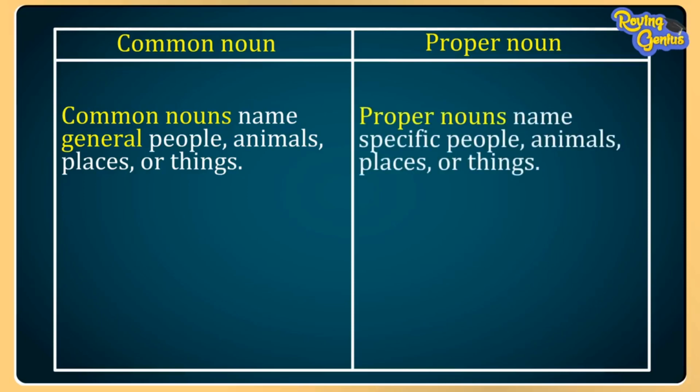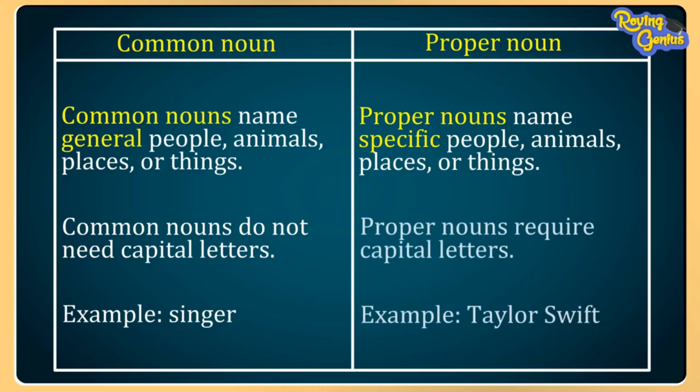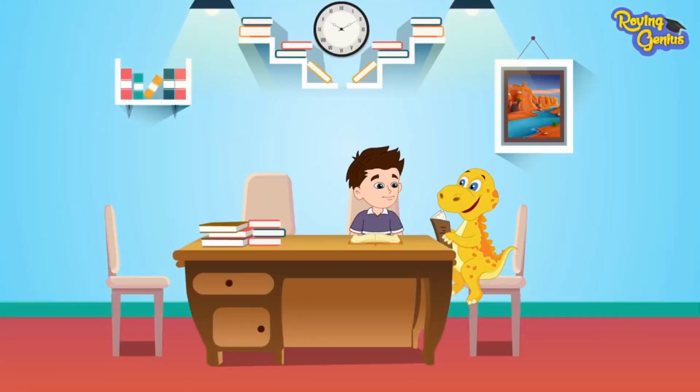Proper nouns name specific people, animals, places or things. Common nouns do not need capital letters unless they are part of a title or the start of a sentence. Proper nouns require capital letters even when they are not at the start of a sentence. Excellent, Omar. Thank you, Elvis. Learning with you is always fun.